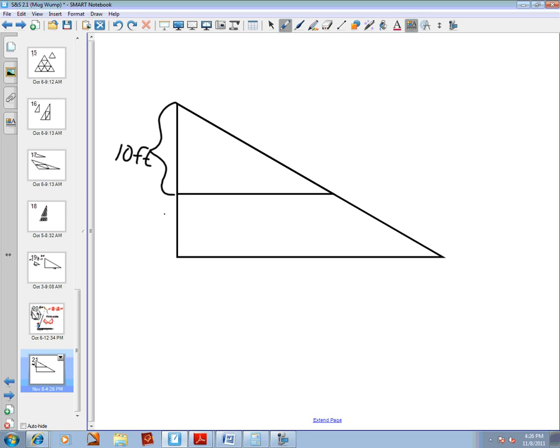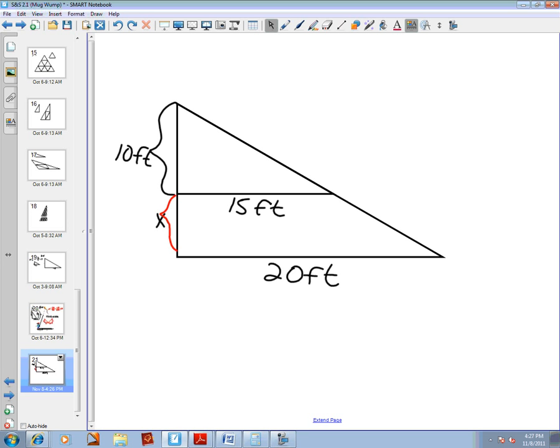This part, the remainder of that side, we don't know. Now we know that this bottom leg on the inside of the triangle is 15 feet, and then down at the bottom is 20 feet. And we've got to find this small section right here in red.